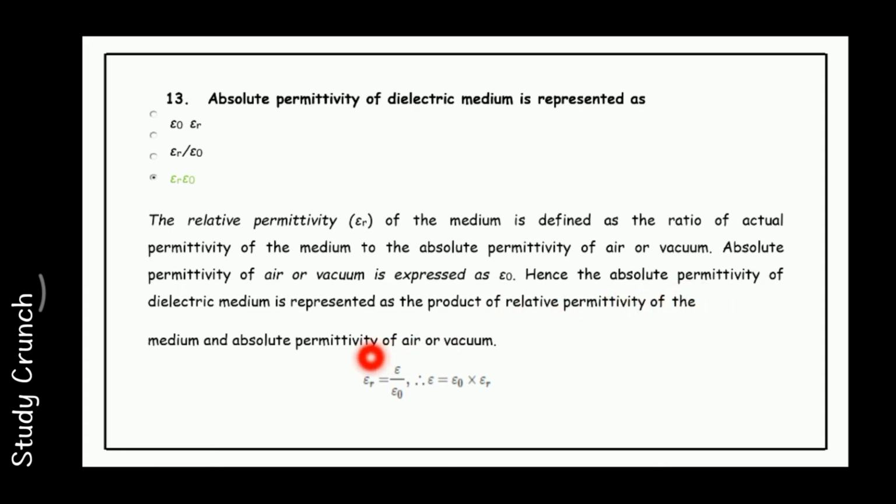So epsilon r is equal to epsilon by epsilon naught. So we have epsilon as epsilon naught into epsilon r. That is relative permittivity into absolute permittivity of air or vacuum.